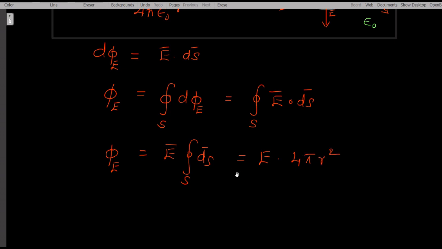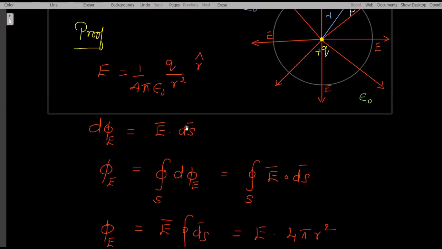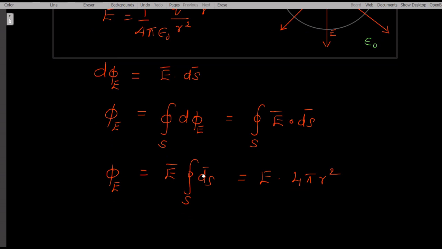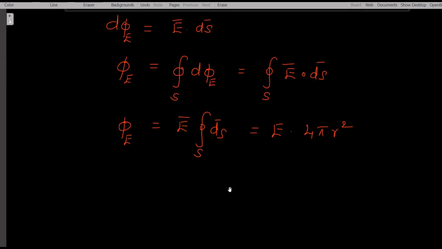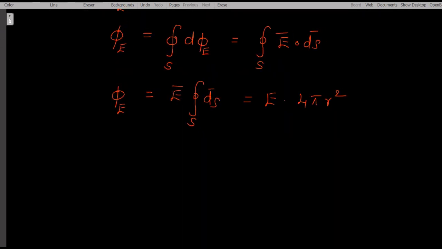But already we had written E equal to 1 by 4 pi epsilon naught Q by r square. E is a vector, so we need to indicate it with vector notation. If I just write the magnitude of E, I write 1 by 4 pi epsilon naught Q by r square, that is E. That is E into 4 pi r square.